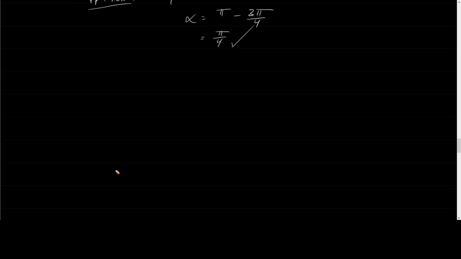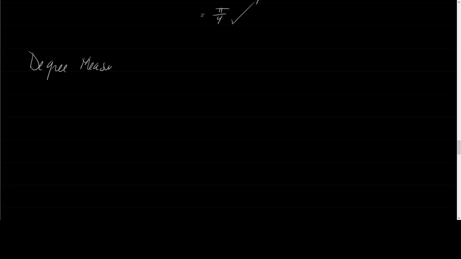All right. Now, let's talk a little bit about something that you're probably a lot more familiar with. Degree measure. All right. Now, the way that the degree measure is defined is that 1 degree is equal to 1/360th of a revolution.